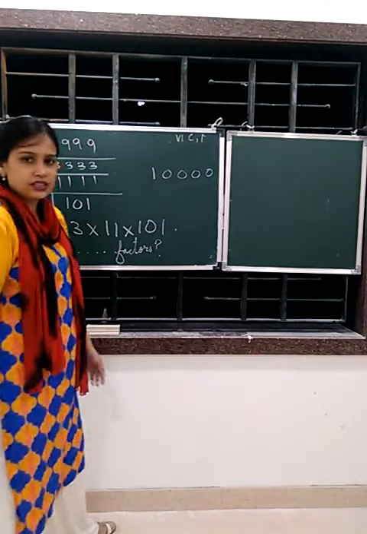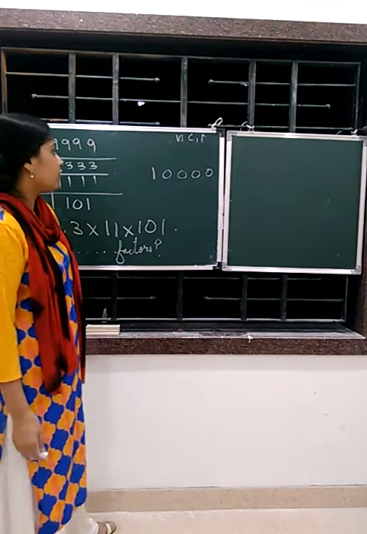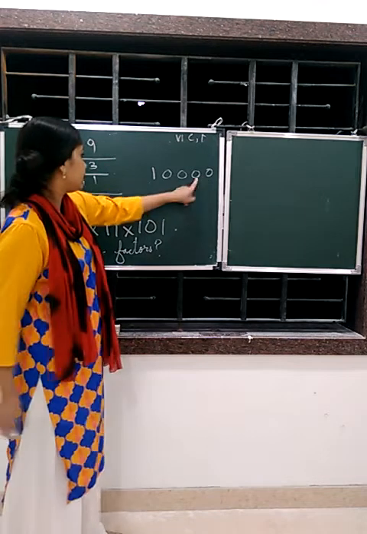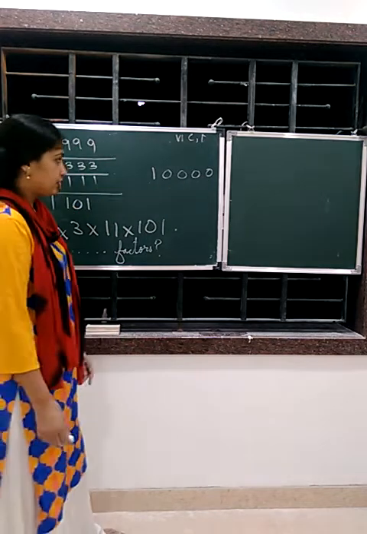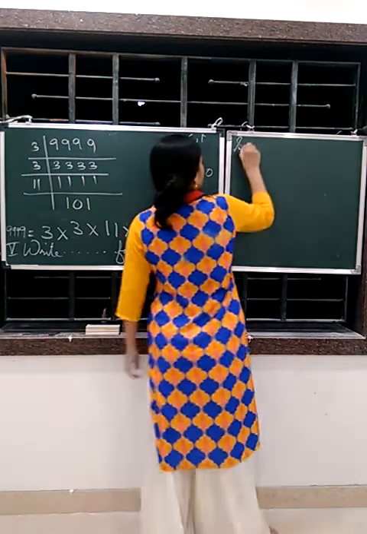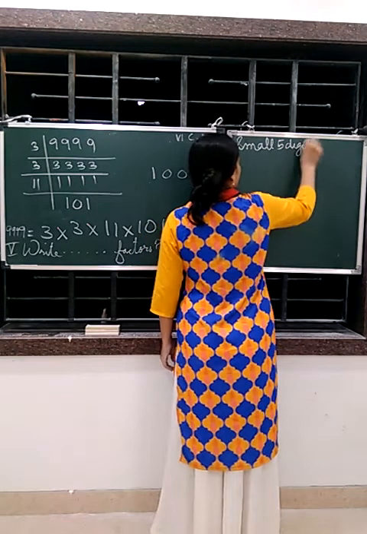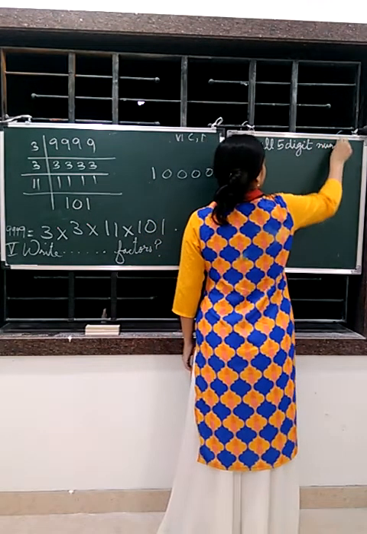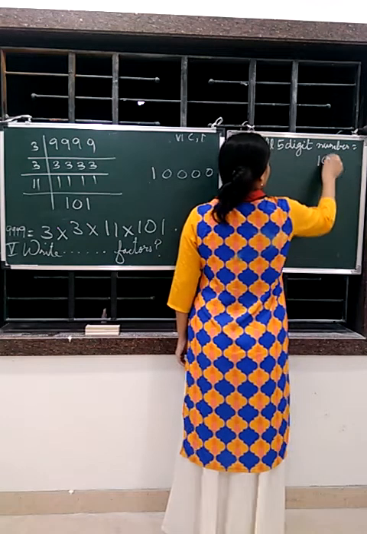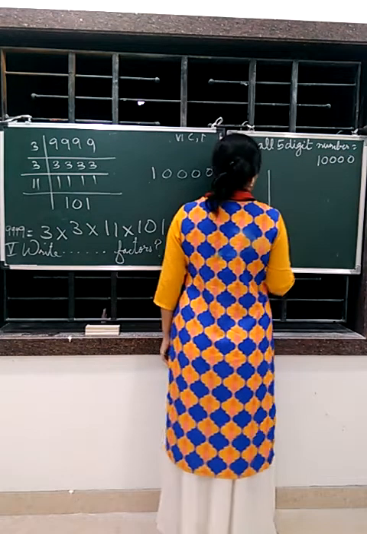What is the second smallest number? Number 1. So this is the smallest 5-digit number. So you will write smallest 5-digit number is equal to this.